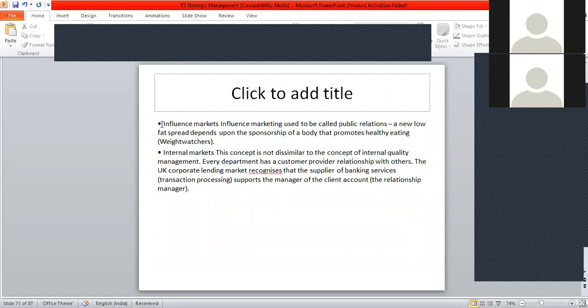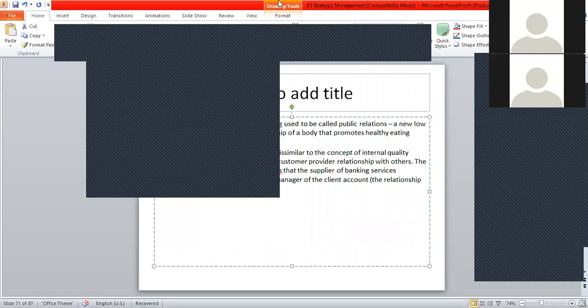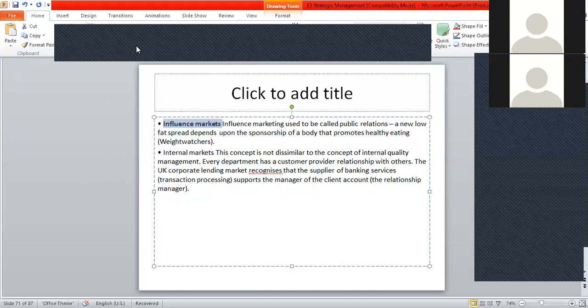Then we have influence markets and internal markets. Influence marketing, earlier, used to be called public relationship management. A new low fat spread depends upon the sponsorship of a body that promotes healthy eating.